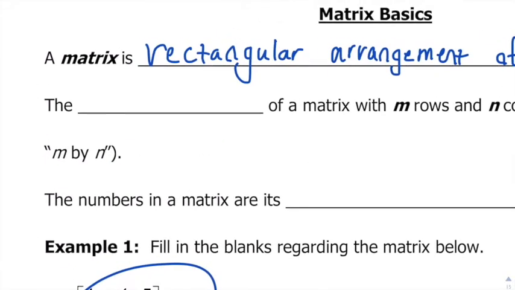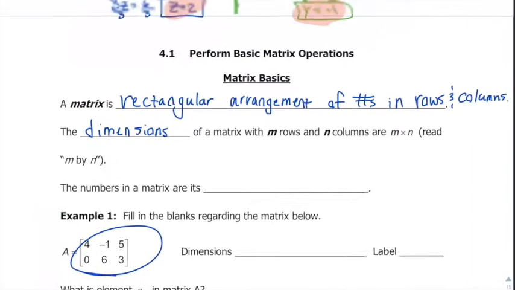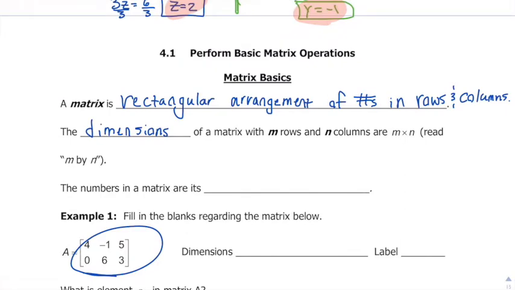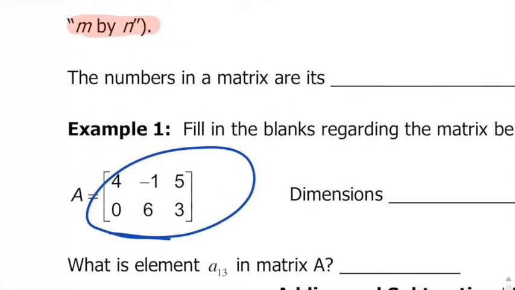So another word here, the dimensions of a matrix with m rows and n columns is m by n, and it's read m by n. For an example down here, it's always rows by columns.